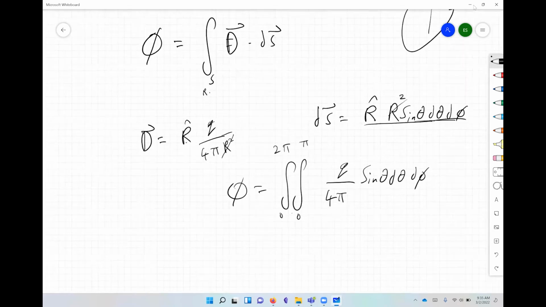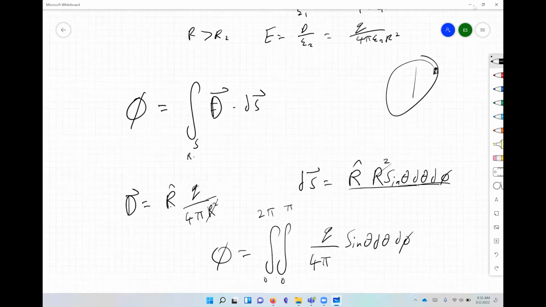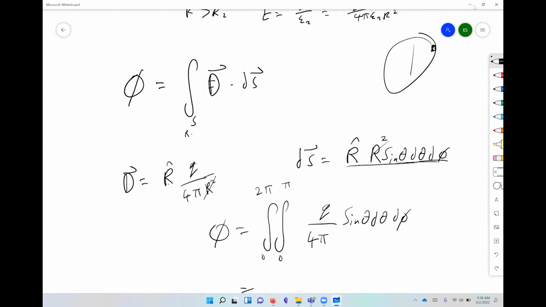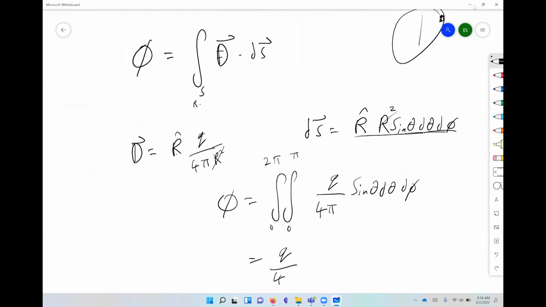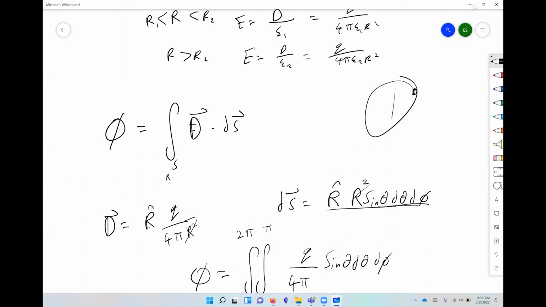And really, I don't need to do this. I don't really need to calculate this thing, right? Why? What I'm calculating here is a surface element of a sphere. Q and 4 pi is a constant. I can take them out. What's left really is a surface element of a sphere.